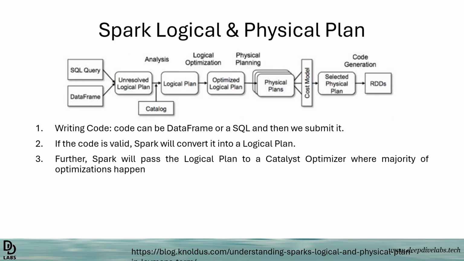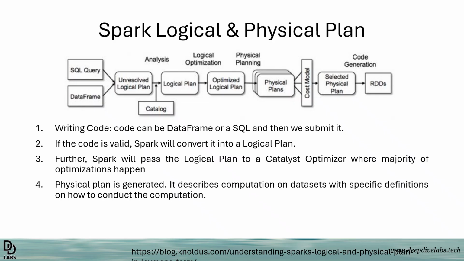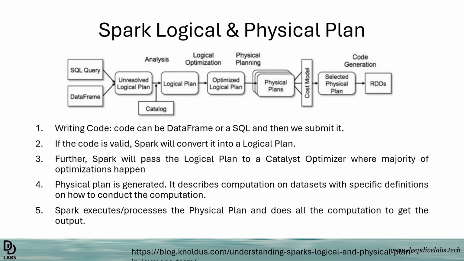What happens is, first, an unresolved logical plan is put into place. Let me highlight that. Then it uses the data catalog, the schema information, because first it doesn't directly map the columns and rows of each of the tables.